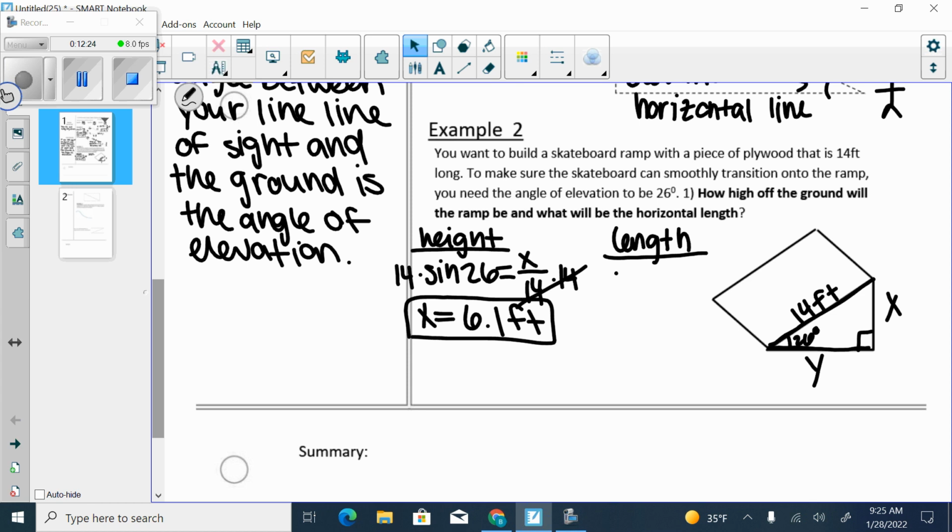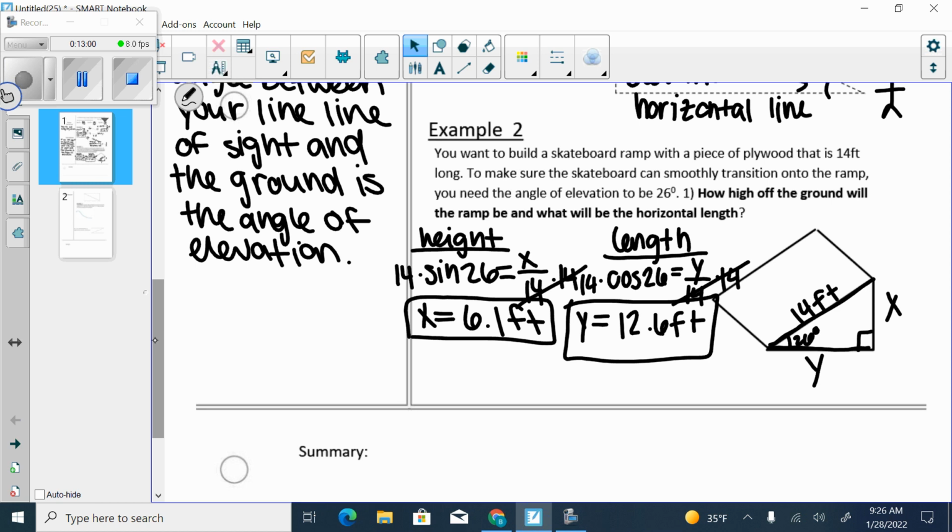Good. So cosine of that 26-degree angle equals adjacent over hypotenuse. So again, I'm just trying to get that variable by itself. What are we going to do? Supposed to divide out. You got 14 times cosine of 26. And what do we get there? Good. Again, this is in feet.